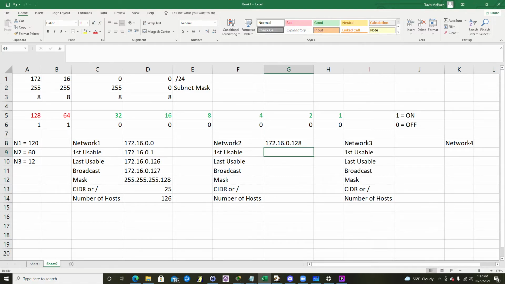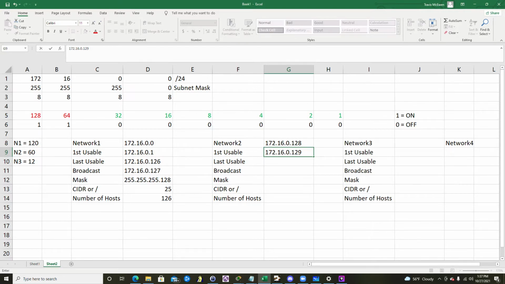Now that we have that, a couple things that we can do. Our first usable is we're just adding 1 to that current network. So 129.